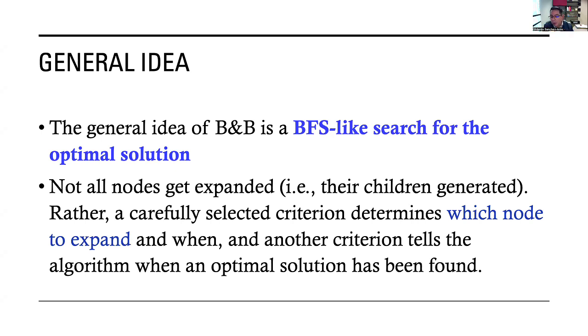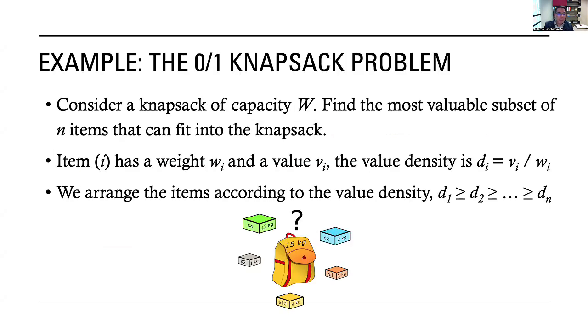And then we will also need something else to tell us whether we have found the optimal solution to the problem or if we still need to continue exploring. So we need these two aspects or elements in the branch and bound implementation.